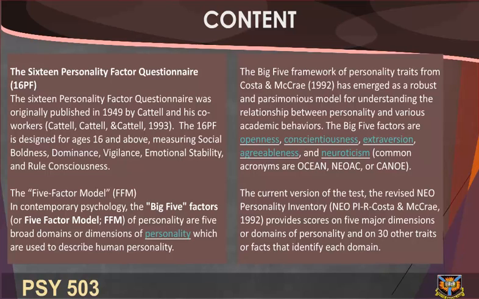The current version of the test, the revised NEO Personality Inventory (NEO-PI-R, Costa and McCrae, 1992), provides scores on 5 major dimensions or domains of personality and on 30 other traits or facets that identify each domain.